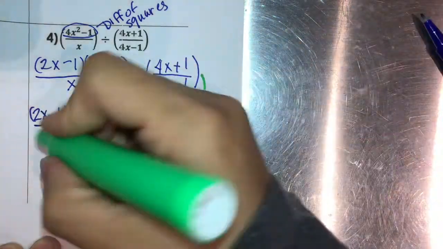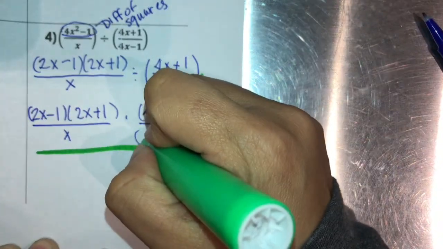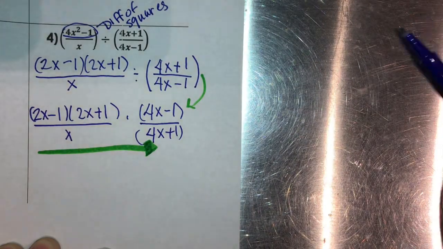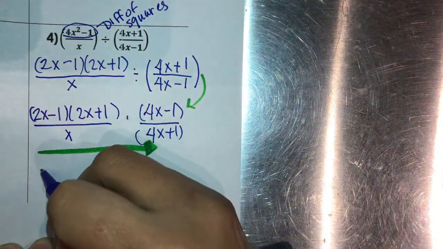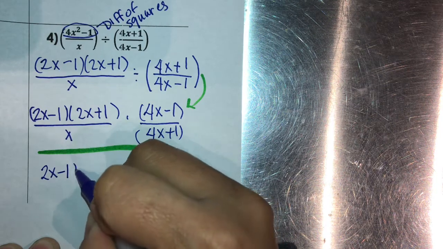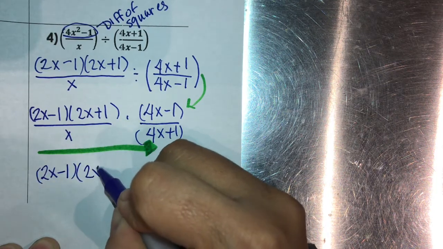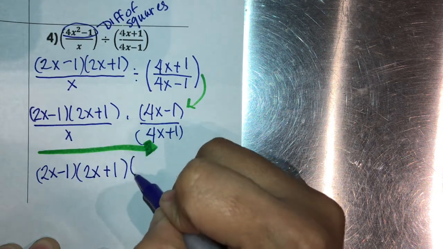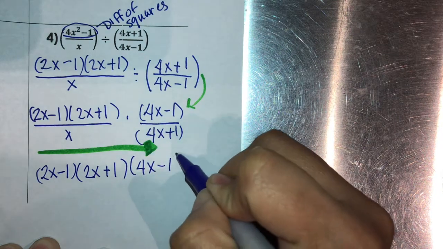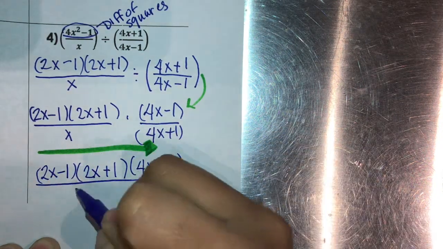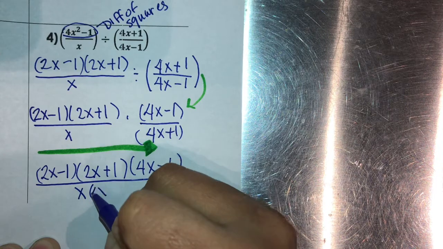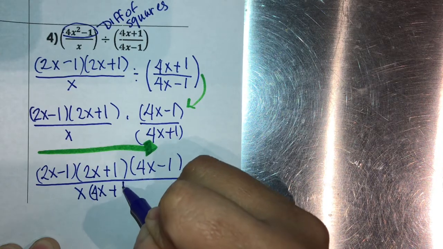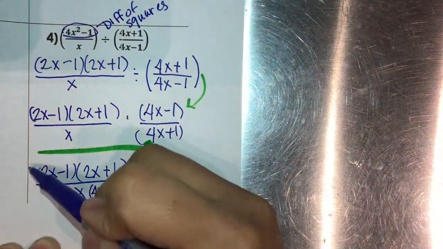When we multiply going across, I get 2x minus 1 times 2x plus 1 times 4x minus 1, all over x times 4x plus 1. And that's my solution.